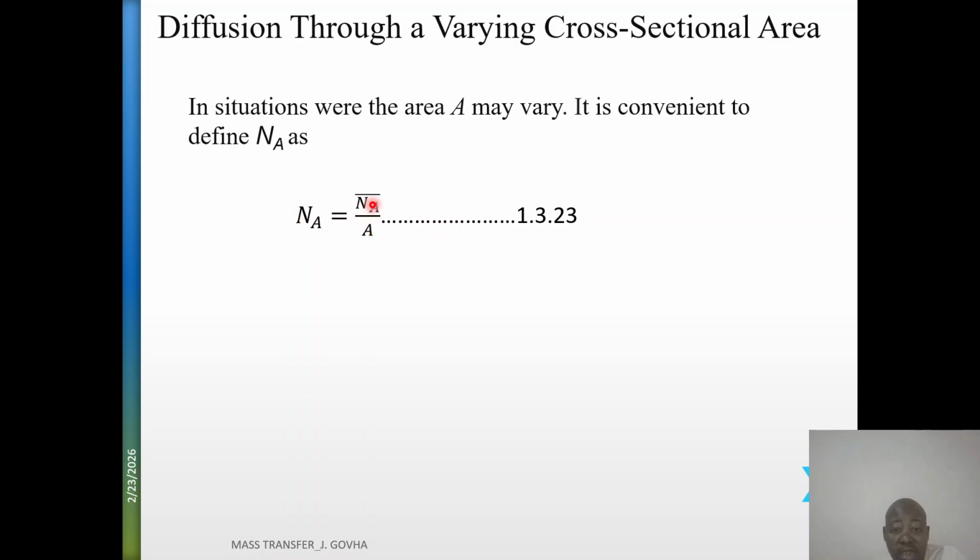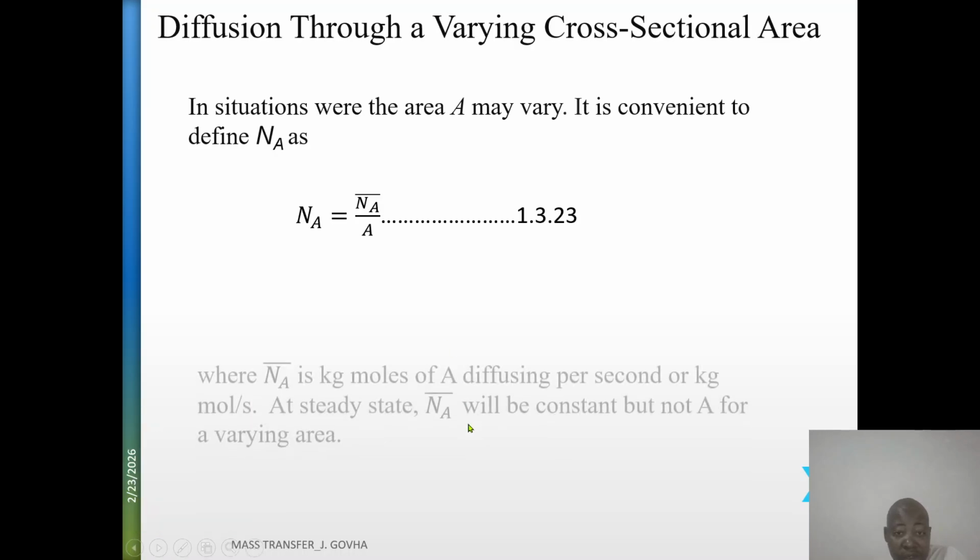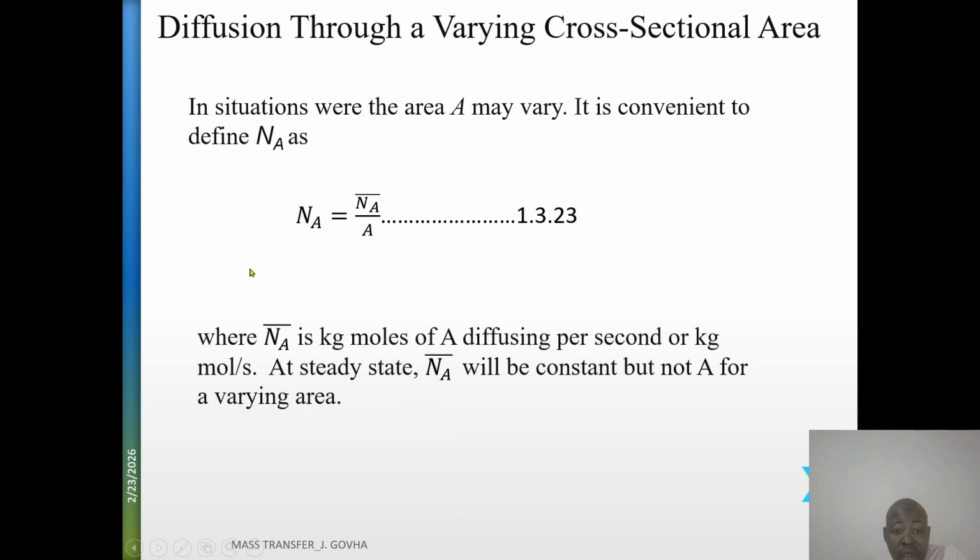Na is Na bar over A, and we take note that Na will be constant, but A is varying.